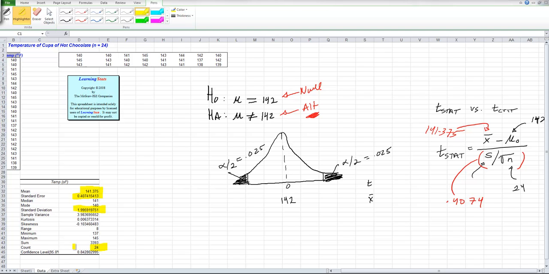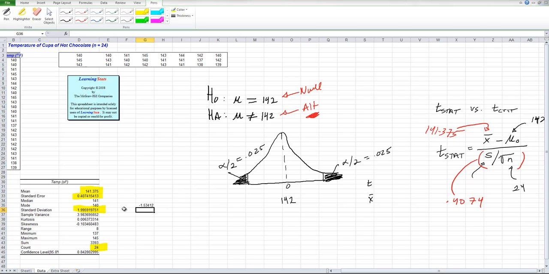Anyway, if we do this calculation, I could just use Excel here. The t-stat is going to be a numerator of 141.375 minus the hypothesized value of 142, divided by 0.4074.